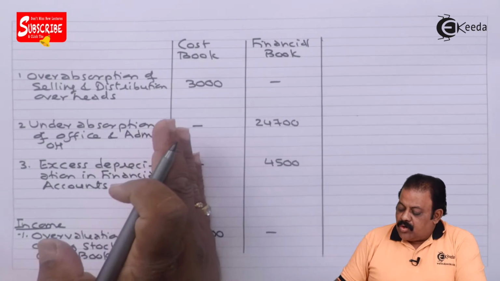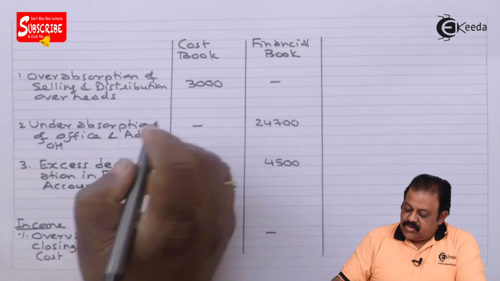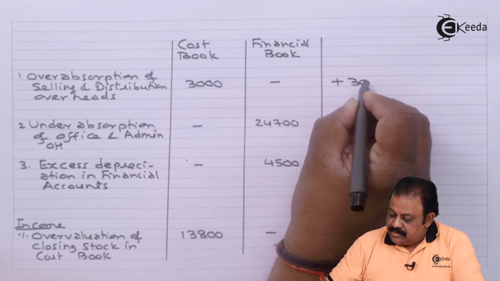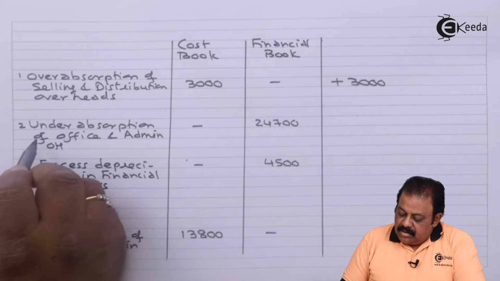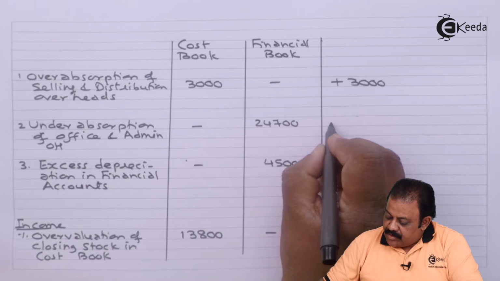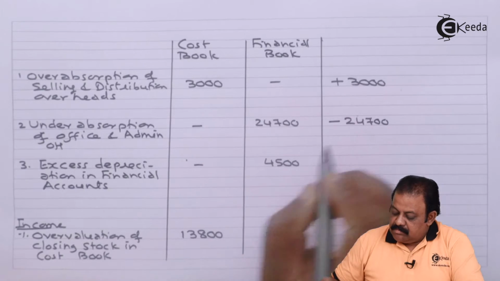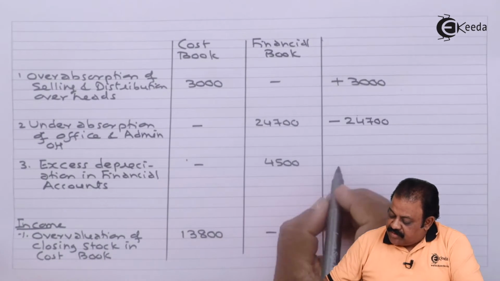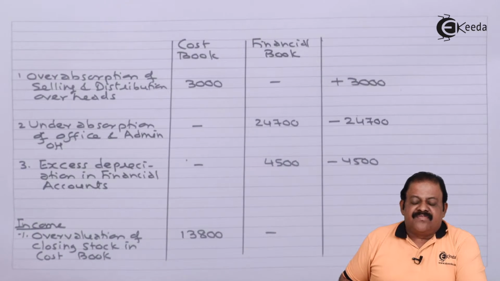Now from the first amount column we will deduct the amounts in the second column. So 3000 minus 0, it will be plus 3000. 0 minus 24,700, it will be minus 24,700. 0 minus 4,500, it will be minus 4,500.